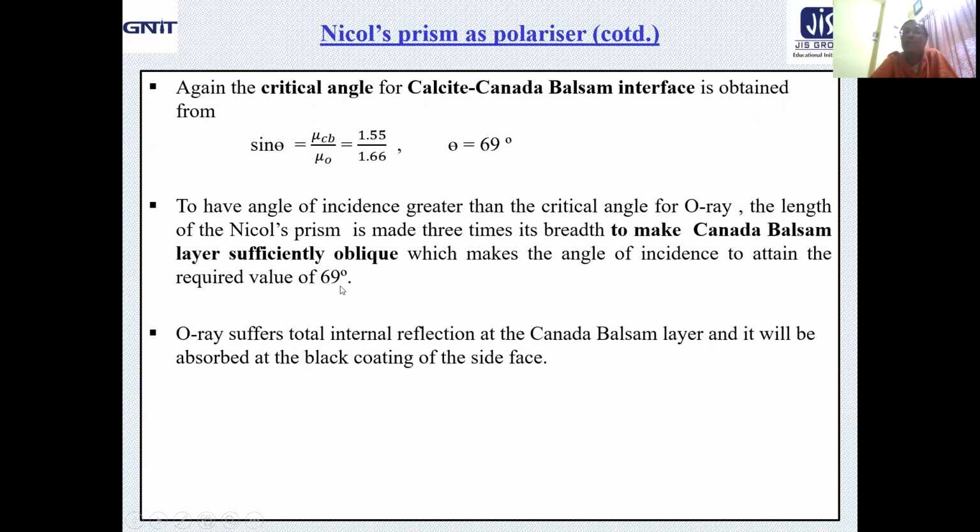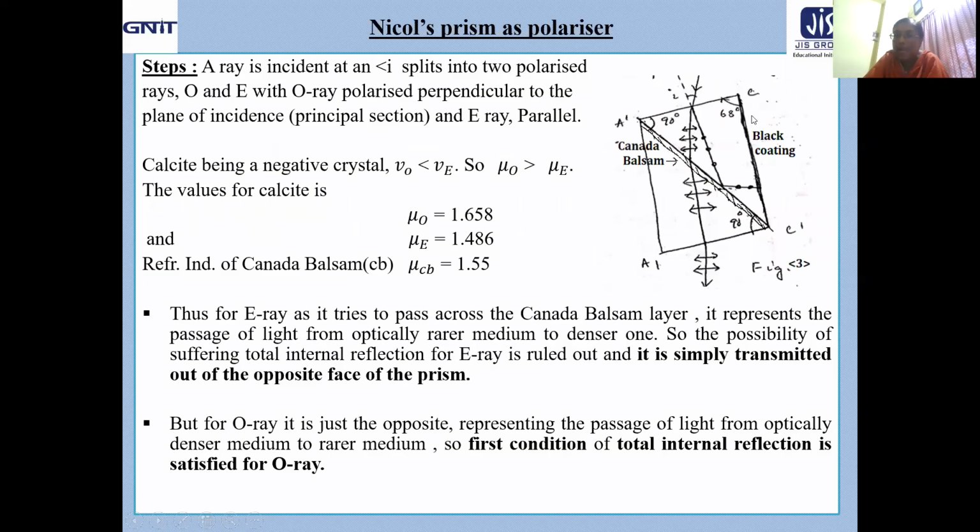Because the inclination of this Canada balsam layer will be very, very high, and it will help us attain the second condition of total internal reflection, that is, the angle of incidence will be more than the critical angle. Naturally, the O ray will suffer. Both the conditions are satisfied, the first one and the second one. So the O ray will suffer total internal reflection at the Canada balsam layer, and it will be absorbed at the black coating.